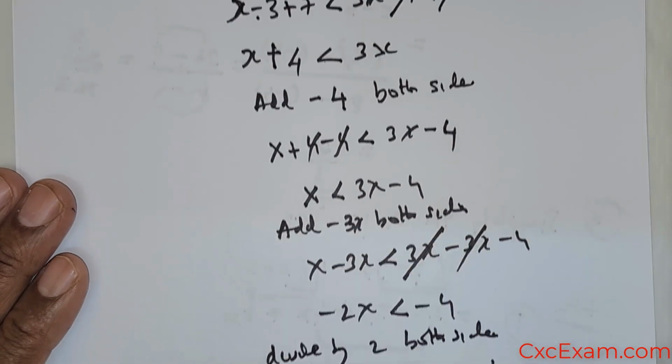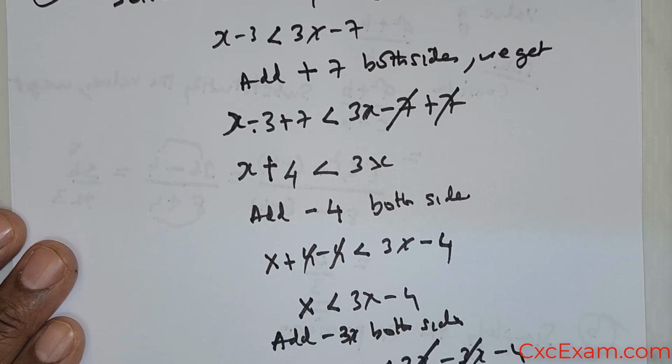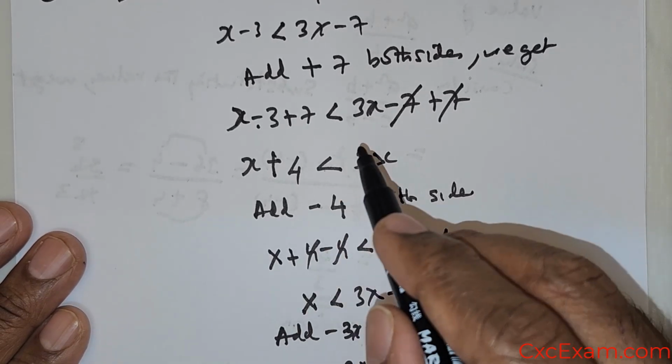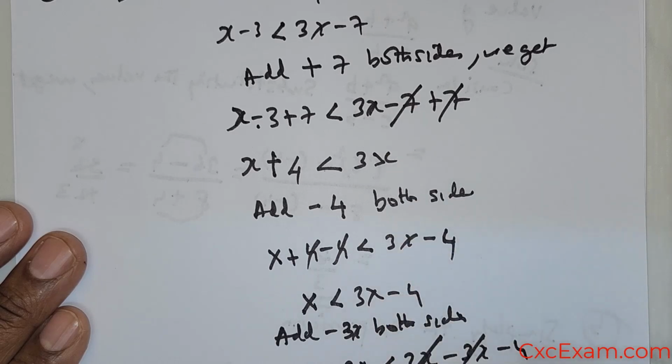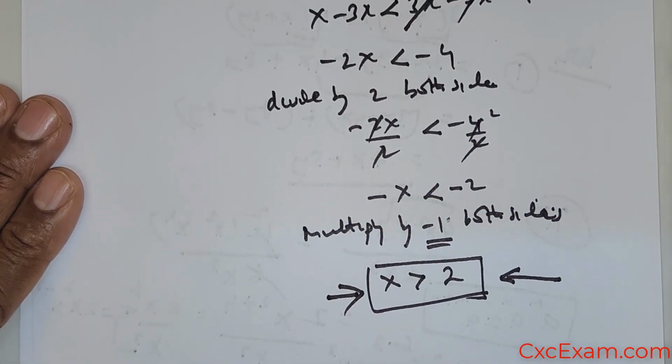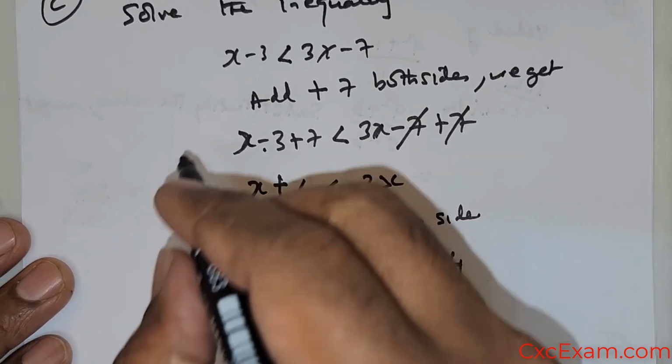So this is in detail. Of course I could have simplified this with just 2 steps, but I have to scaffold the entire setup, how exactly we are arriving at this value, so that you can understand it better.